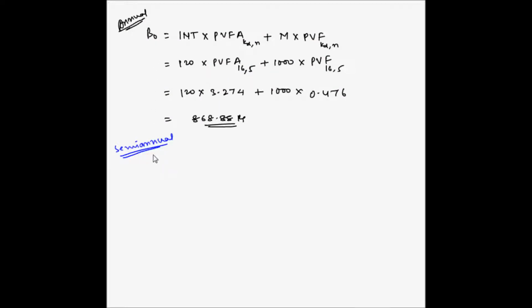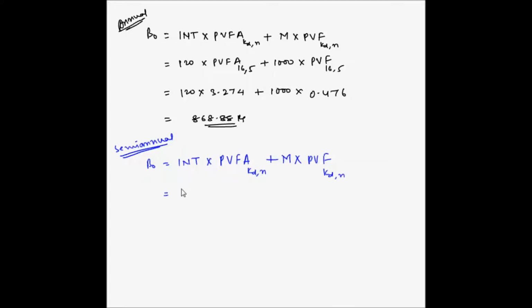So the formula remains the same. B0 is equal to INT, which is the interest, multiplied by present value factor of an annuity with interest rate as KD and tenure as N, plus M into present value factor of a lump sum KDN.